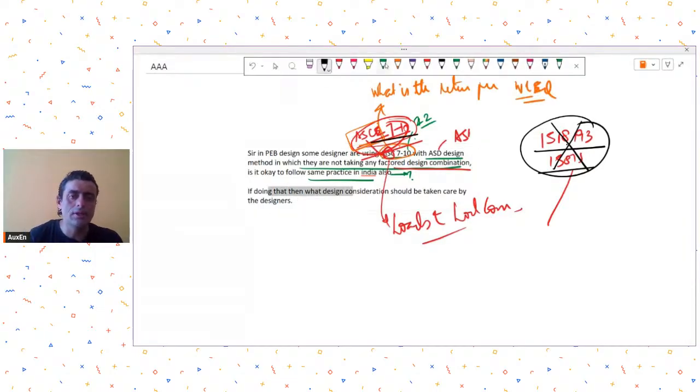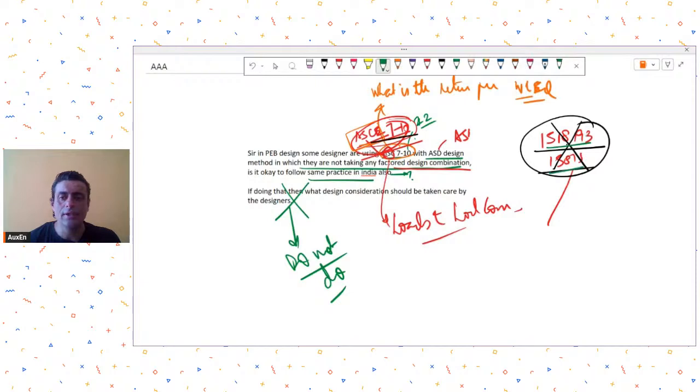My only thing is, do not do it. Take the loads also from 1893 or 875 and load combinations also as per the Indian code. Do not mix, because you will create a potential chance for committing mistakes.